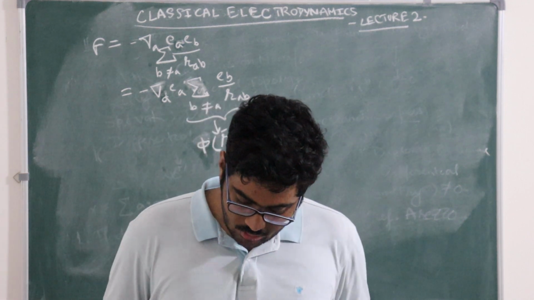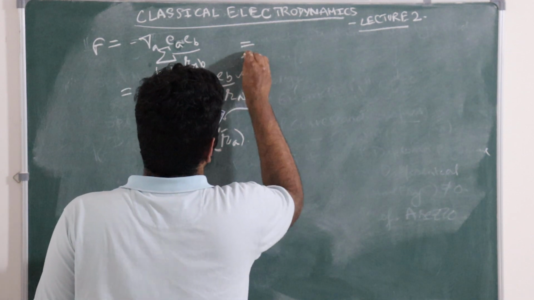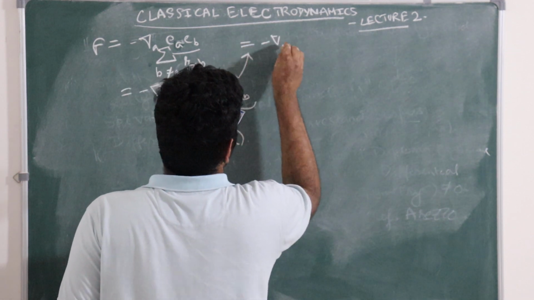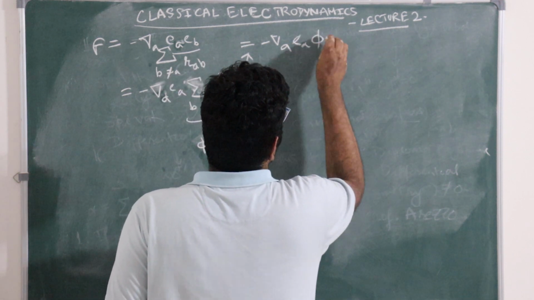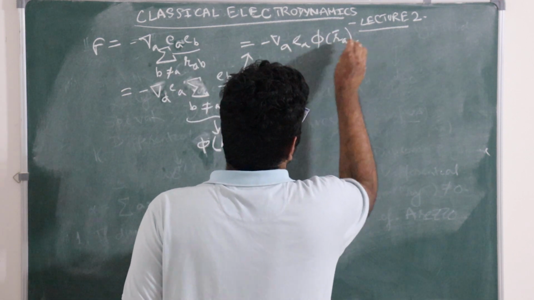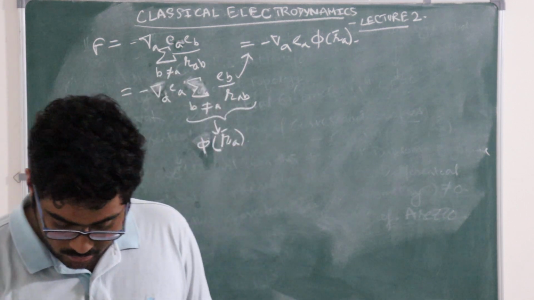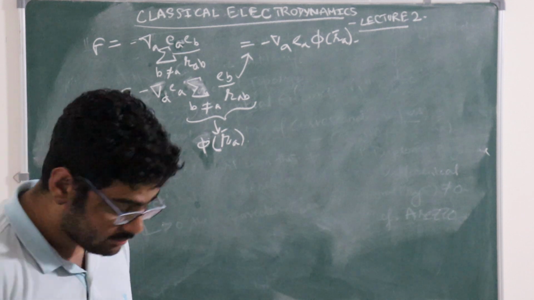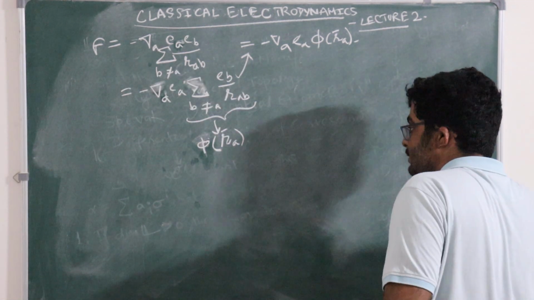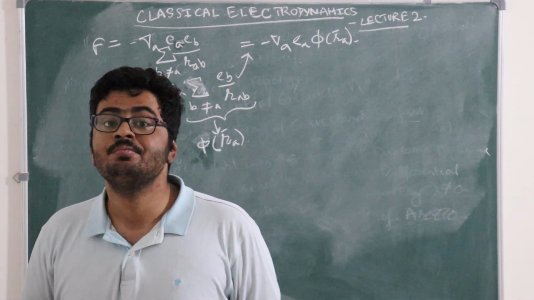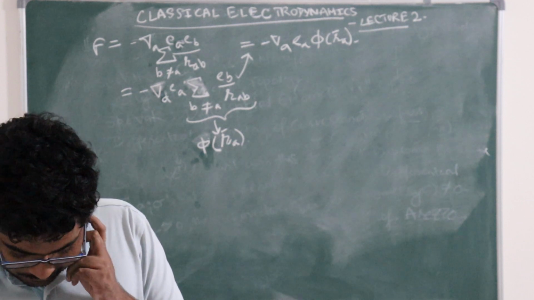So this could be written now as minus gradient with respect to A of EA times phi of RA, and so we proved that the self-action term doesn't contribute here, and so we are consistent in our work. That is something that we proved last time.